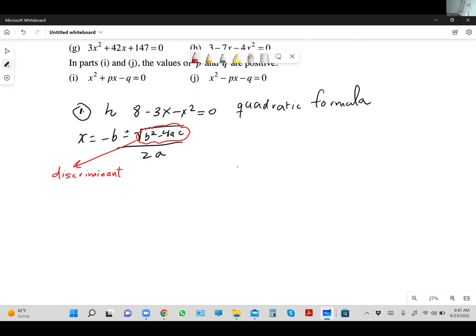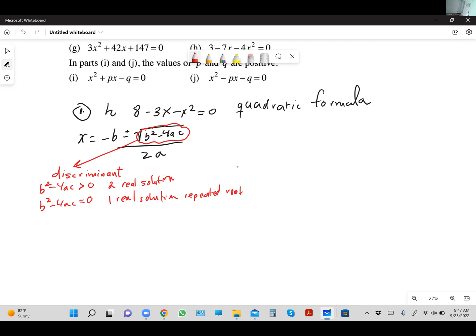Now, if that number inside there is positive, greater than 0, you're going to have 2 real solutions. If inside the discriminant you get 0, you have 1 real solution, which we call a repeated root or a double root.